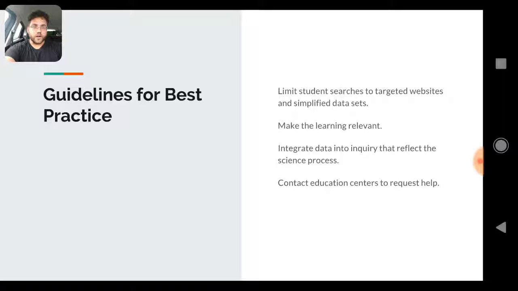The last one was contact education centers to request help. So around Wichita, we'd have Exploration Place, the Great Plains Nature Center, maybe the observatory if it's still running. Even WSU, I think, would be a resource for schools around here.